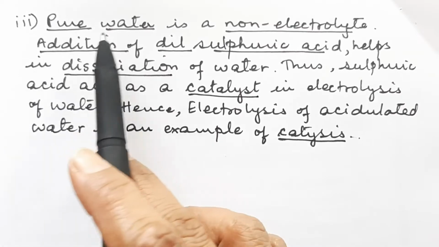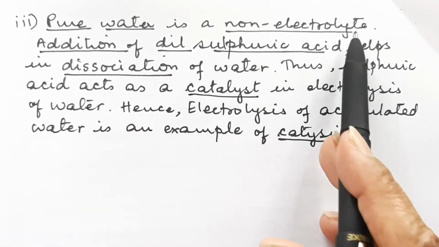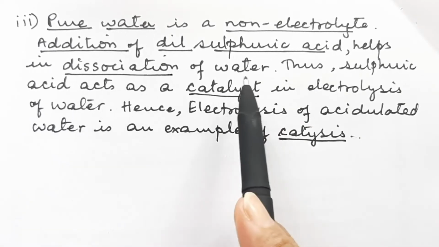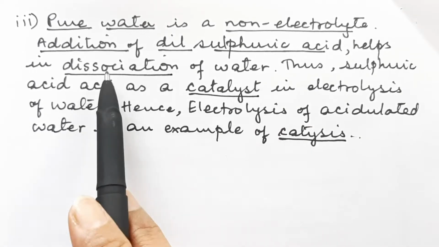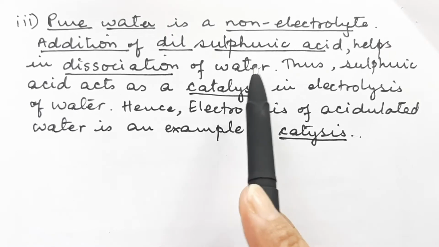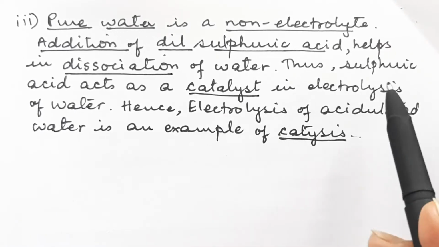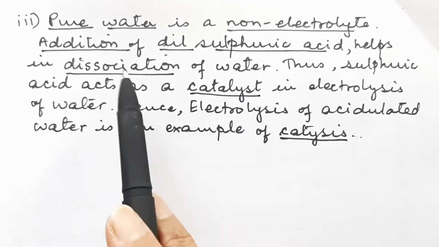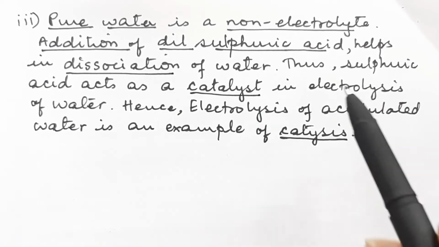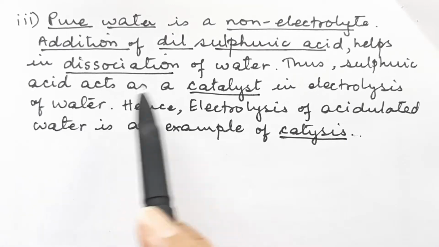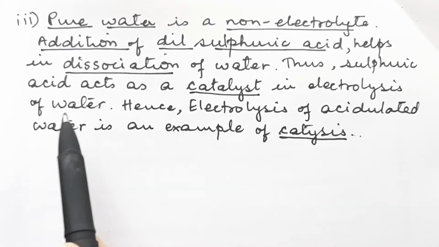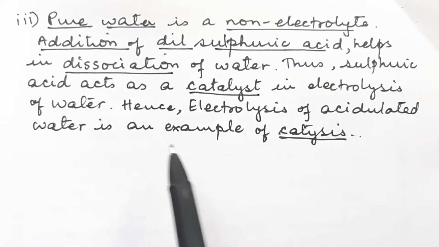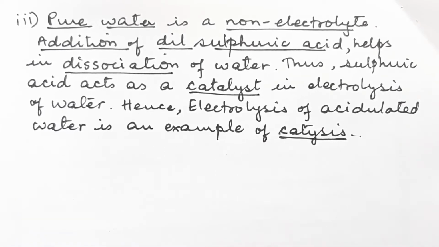I have written pure water is a non-electrolyte, and addition of dilute sulfuric acid helps in dissociation of water. Remember, it's the dissociation of water that is going to cause the electrolysis. So unless and until dissociation of water takes place, we cannot have electrolysis taking place. Thus, sulfuric acid acts as a catalyst in electrolysis of water. Hence, electrolysis of acidulated water is an example of catalysis.